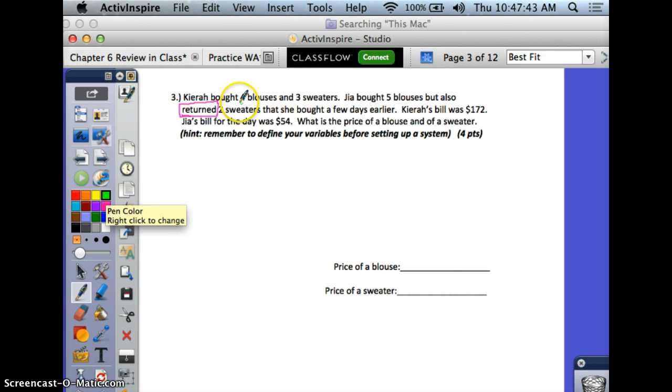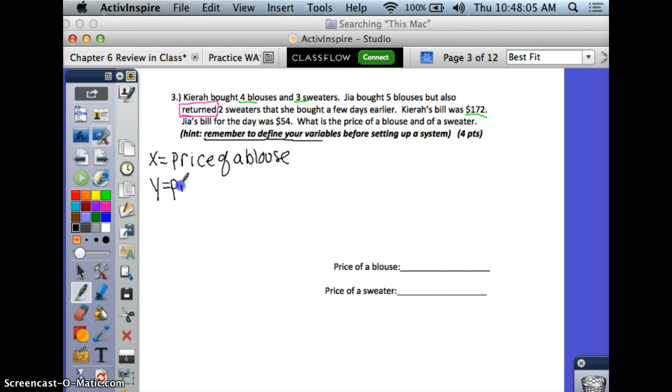So we know that Kiara bought 4 blouses, 3 sweaters, and hers was $172. The question asks, what's the price of a blouse and sweater? So it says, hint, remember, define your variables. X, let's just say it's the price of a blouse, and Y equals the price of a sweater.